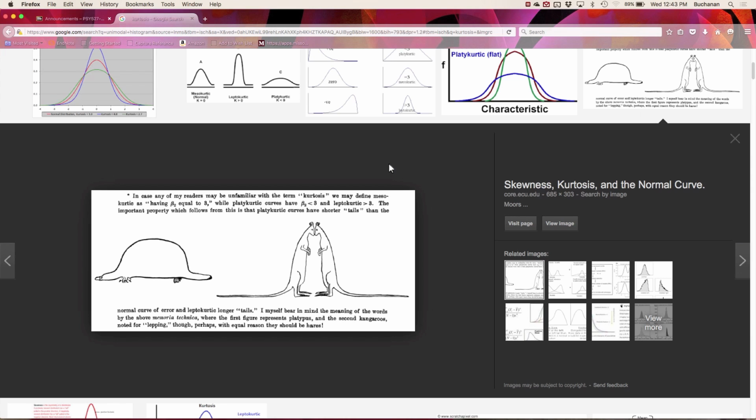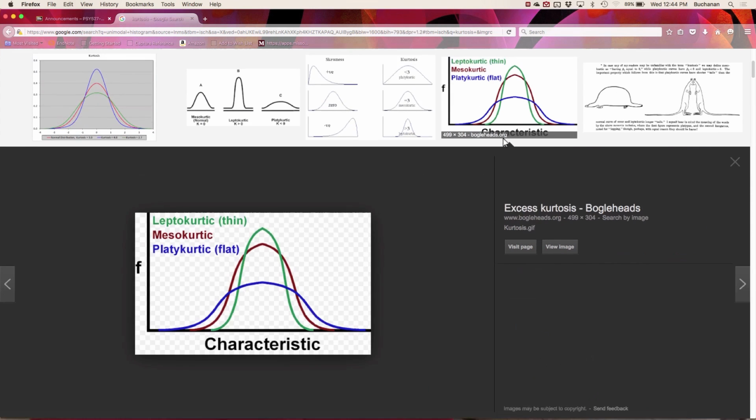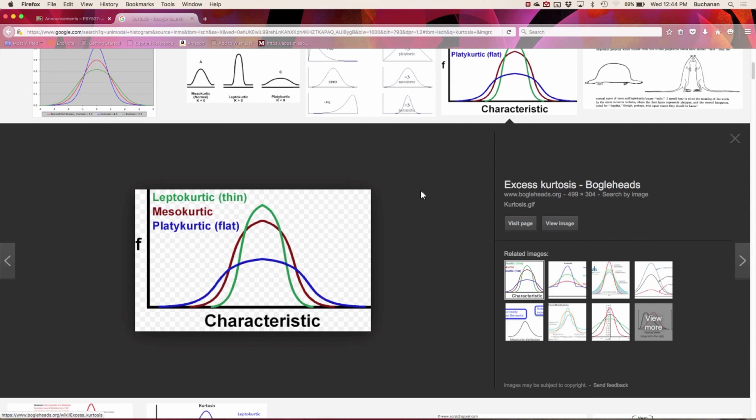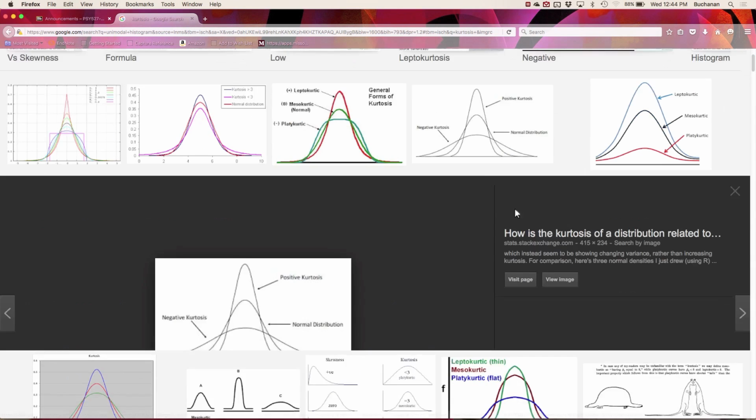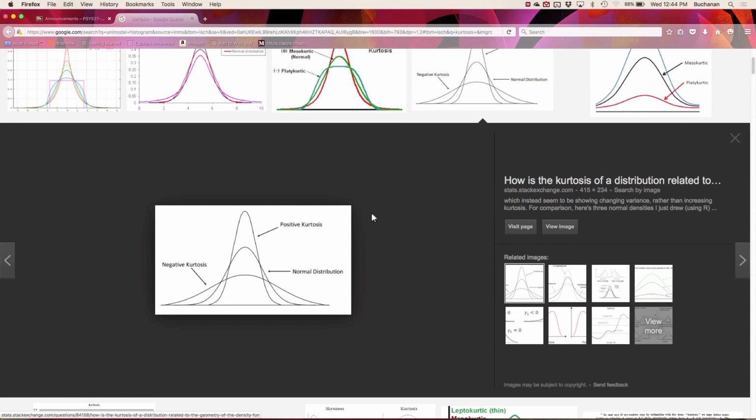The way I remember leptokurtic is that you have to leap over it, it's so tall. Once you get the idea that kurtosis is how different from normal it is. And then mesokurtic is normal, but that just seems silly because that's hard to spell. Right. So here's another one.